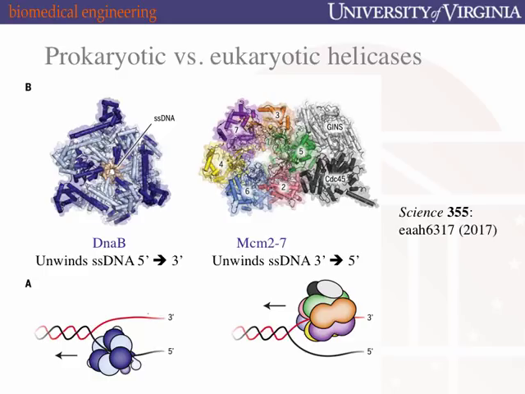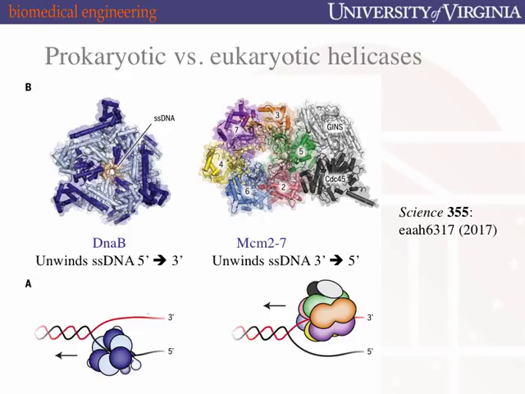And here again is another example of convergent evolution with very different strategies. In prokaryotes, the helicase is called DNA B. It's easy, right? DNA A, DNA B is the next step. Crystal structure, ribbon diagram is shown on the left-hand side. And in us, by contrast, we have another hexameric complex with some accessory proteins called the minichromosome maintenance complex, which you don't need to know what that is, but you do need to be aware of the acronym MCM.